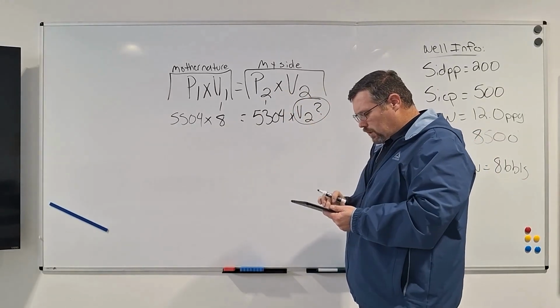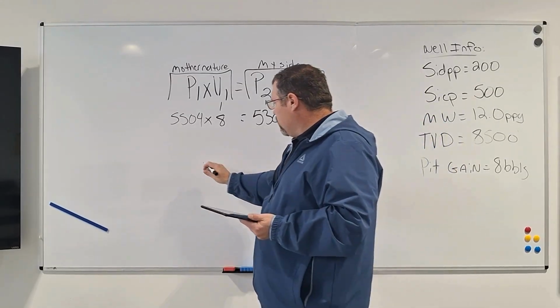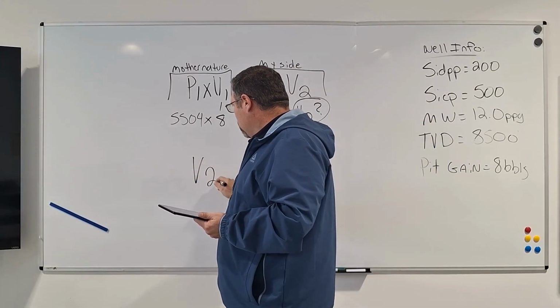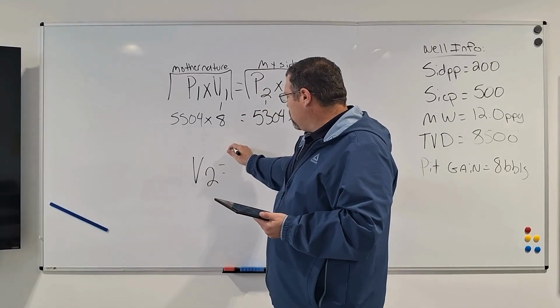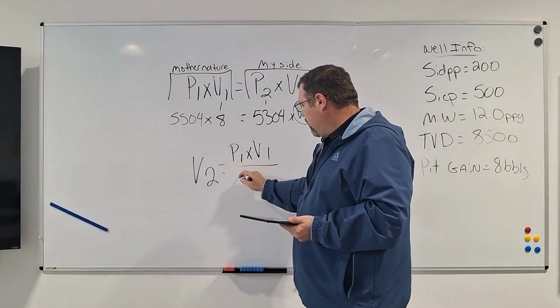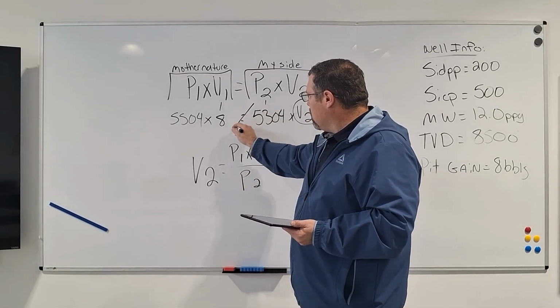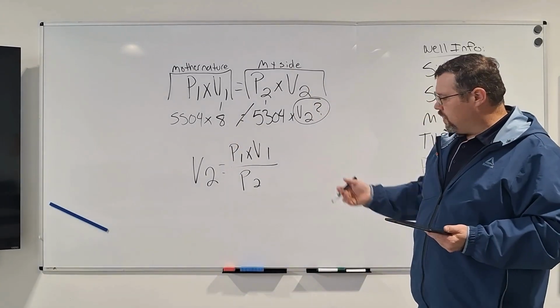If we're going to solve for V2, there's a whole other formula. I take P1 times V1 and I divide that by P2. We know in math, when we come across an equal sign, we're going to go ahead and divide.